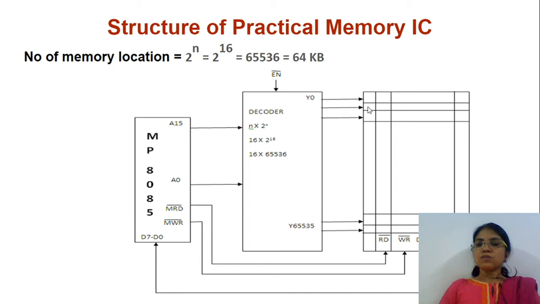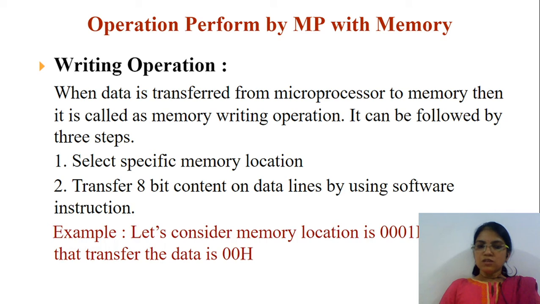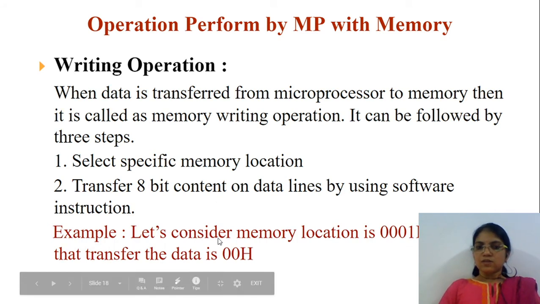Means the first step is over, we have selected that specified memory location. Now the second step, after selecting the specified memory location, is to transfer the 8-bit content. Our 8-bit content is 00H.